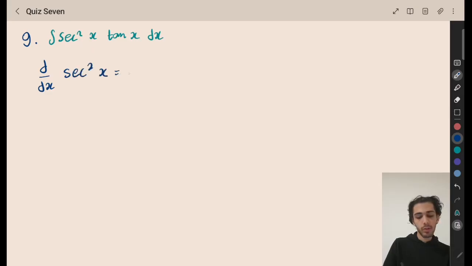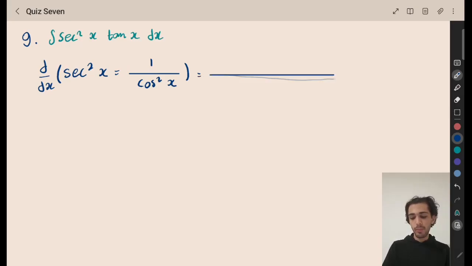So the derivative of sec squared of x is, first off, sec squared of x is equal to 1 over cosine squared of x. This is just by definition. Then I would like to apply the quotient rule here.